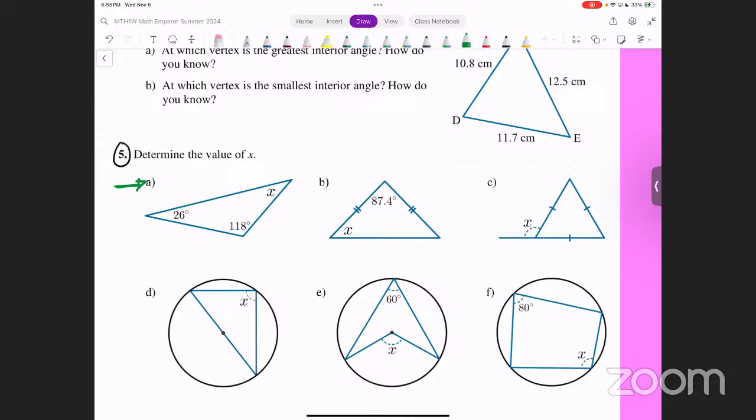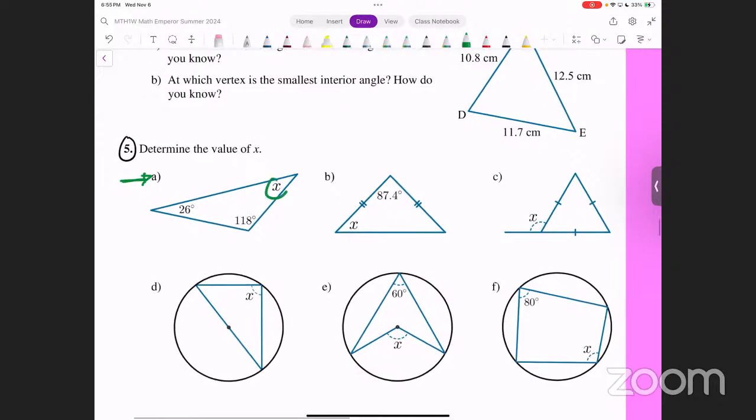All right, guys, let's see who found the X. Akshara, how did you get X? How did you get 26? What makes you think 26? Okay, you made a mistake here.